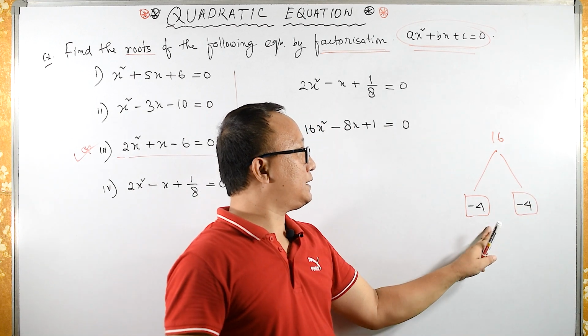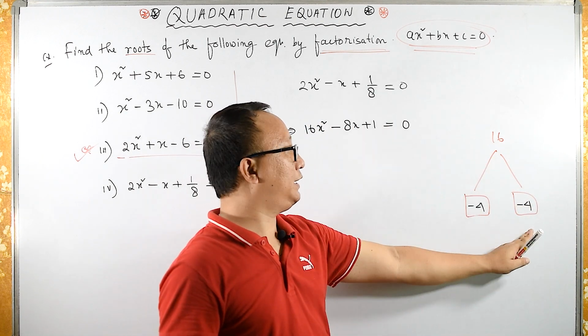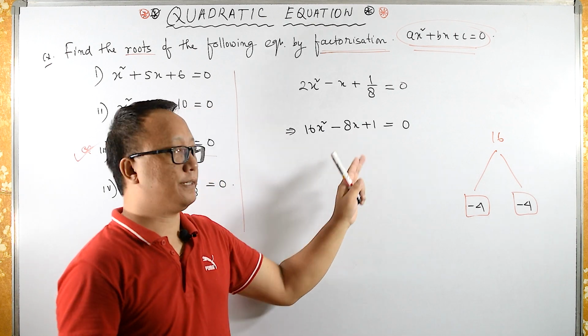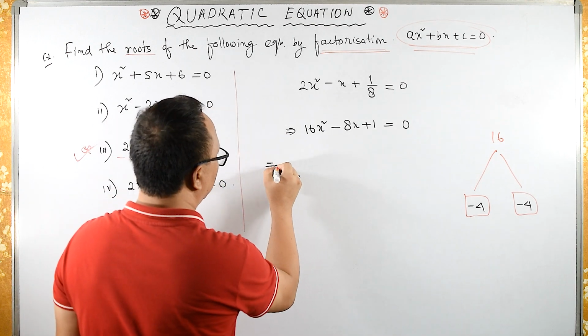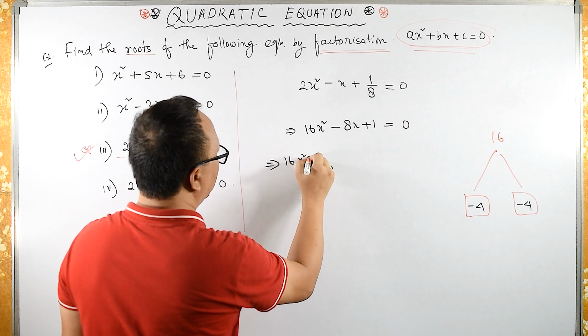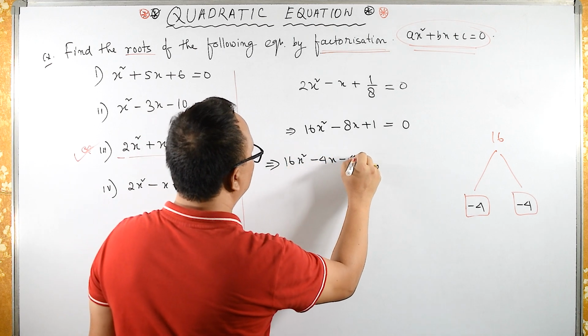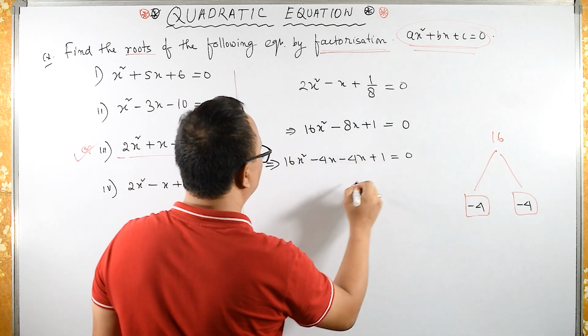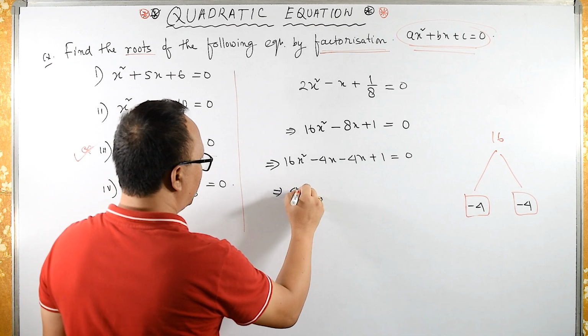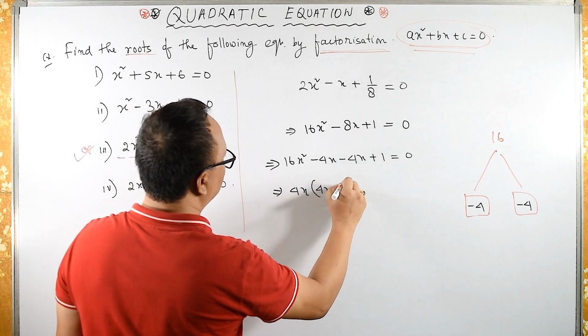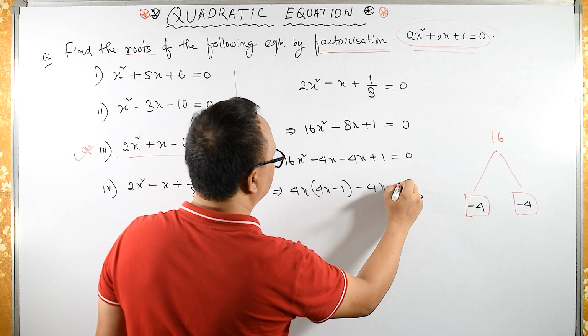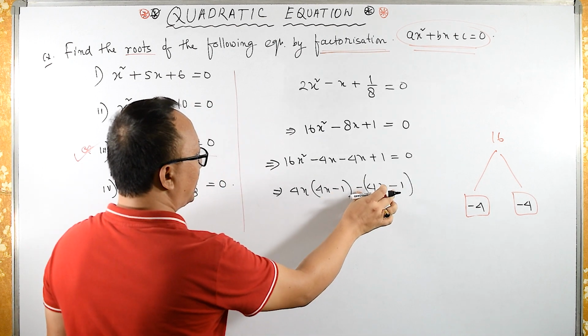Minus 4 into minus 4 is plus 16, and if I add these two, I am getting minus 8. So this can be written as 16x square minus 4x minus 4x plus 1 equals to 0.